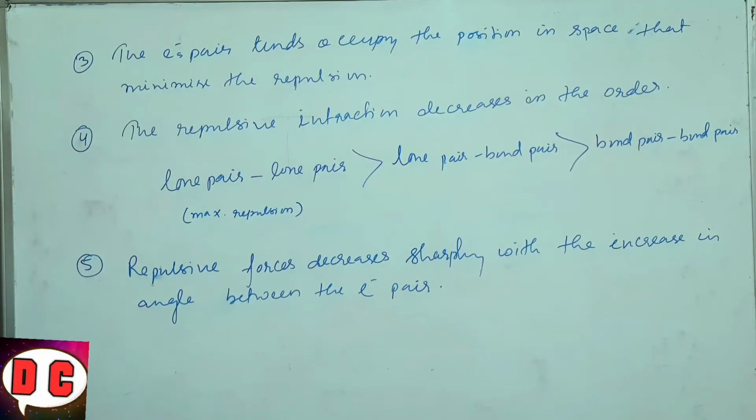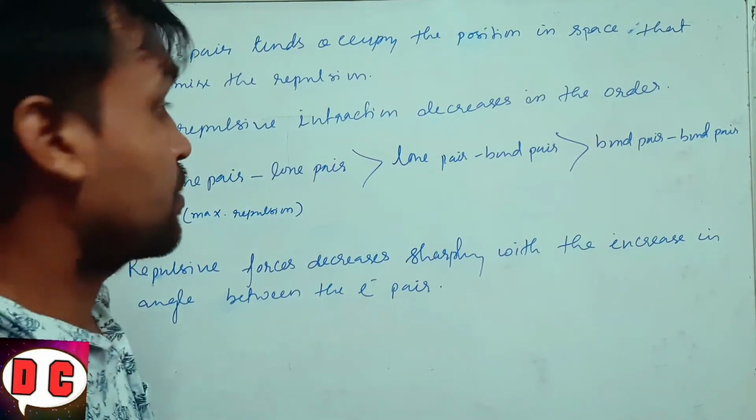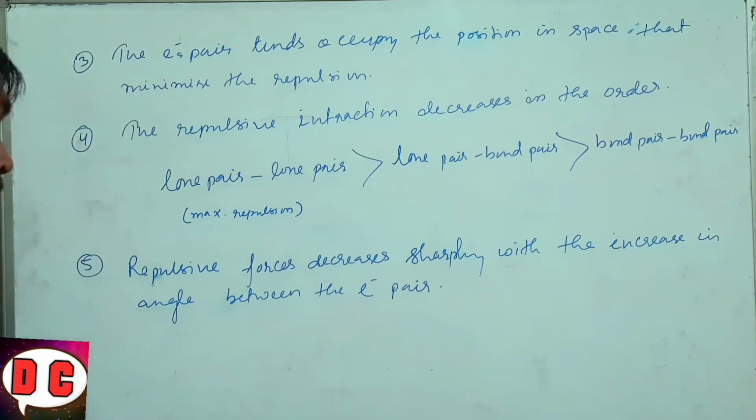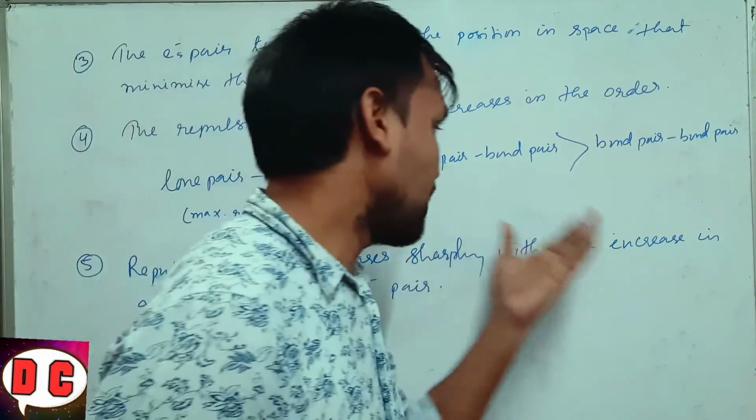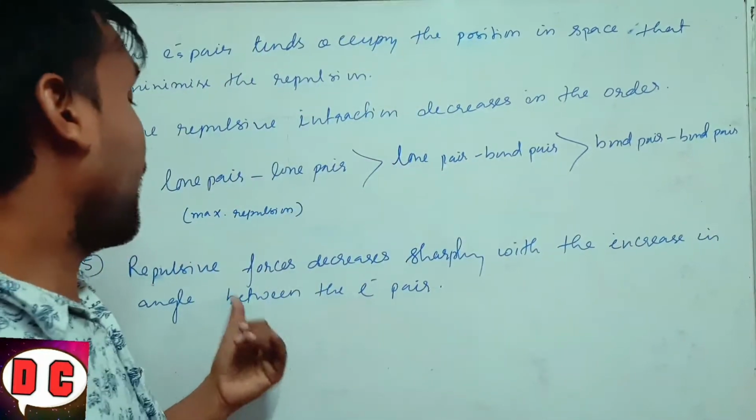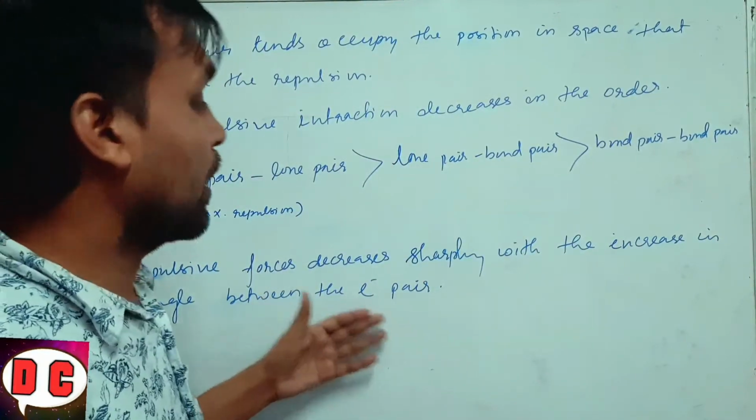So this is the fifth postulate. It used to come for 3 marks, dear students, so you have to study properly. The repulsive force decreases sharply with the increase in angle between the electron pairs.